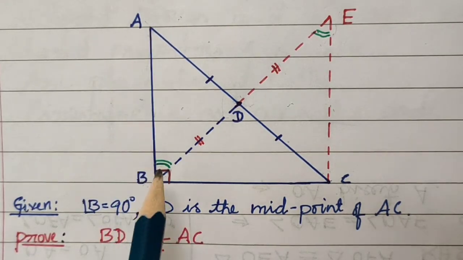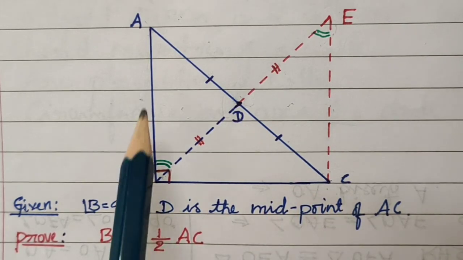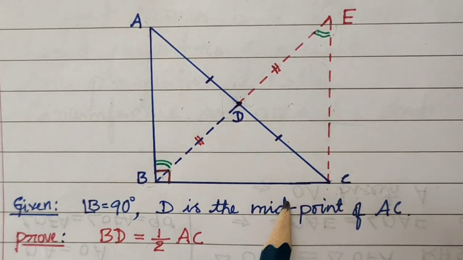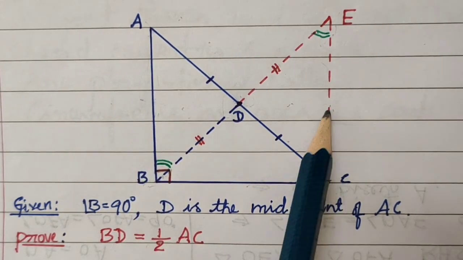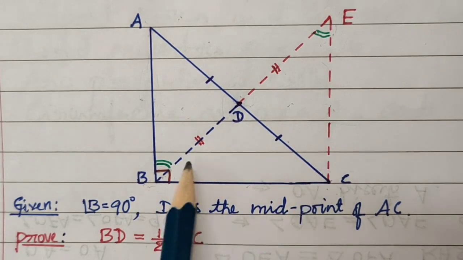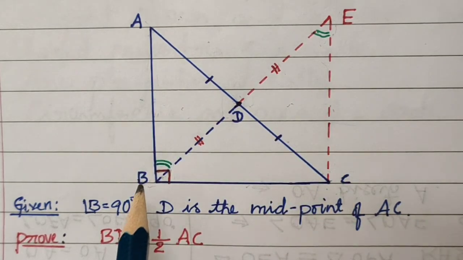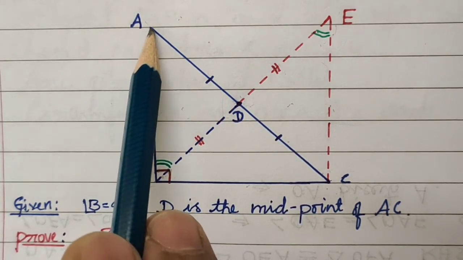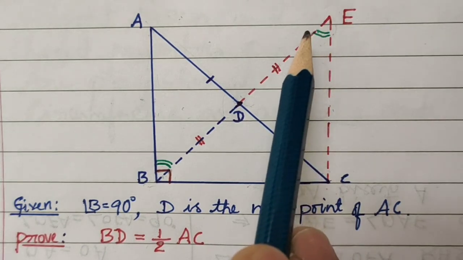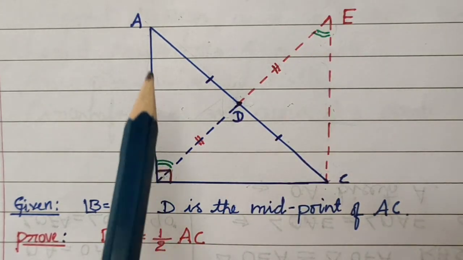AB is equal to EC, BC is equal to CB, and this angle is 90 degrees and this angle is 90 degrees. So by the side-angle-side axiom, two sides and the included angle of the two triangles are equal. Therefore, triangle ABC is congruent to triangle ECB. Because these two triangles are congruent, the hypotenuse of this triangle is equal to the hypotenuse of this triangle. That is, AC is equal to EB.